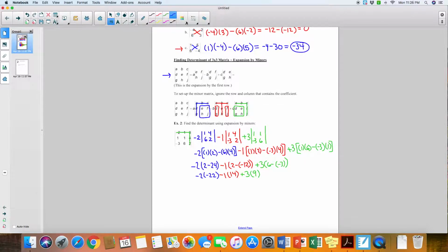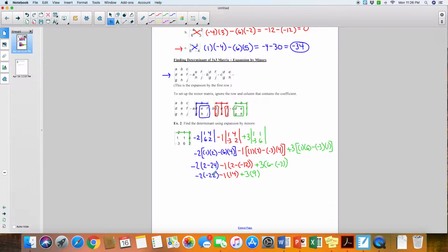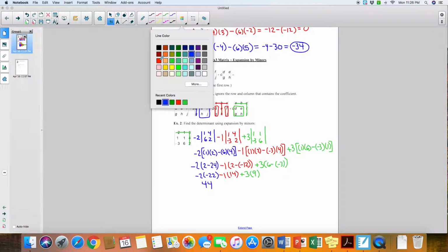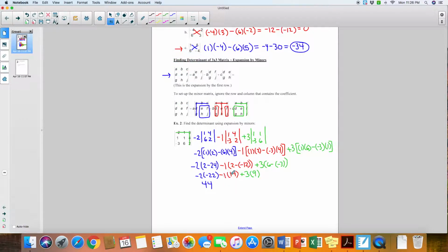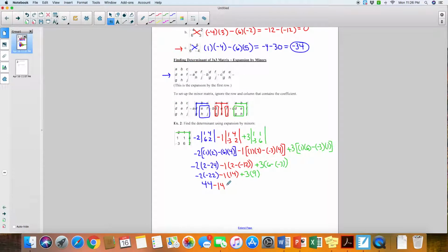All righty, getting down to the end. So negative 2 times negative 22 is positive 44. Negative 1 times 14 is negative 14. And then 3 times 9 is positive 27.